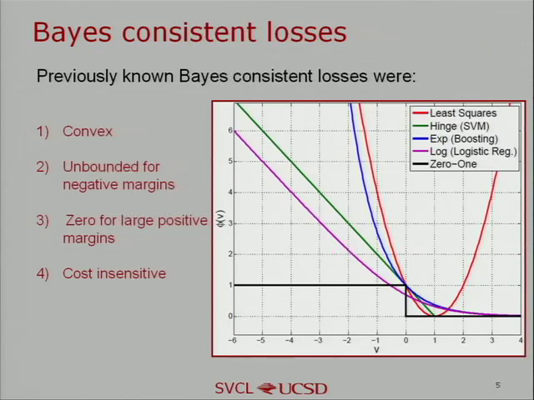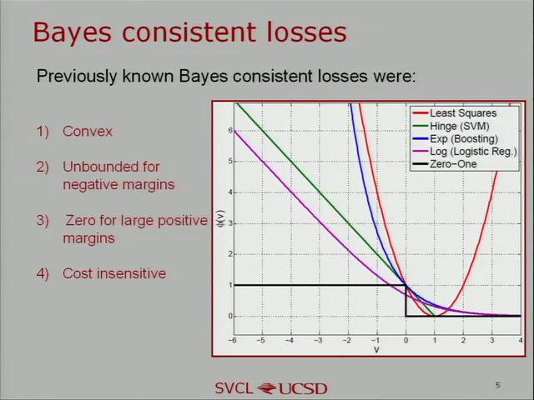We've plotted these Bayes-consistent loss functions, and just by looking at them, you can see that they all generally have a few properties in common. One is that they're all convex loss functions. Two, the ones considered here are all unbounded for large negative margins.